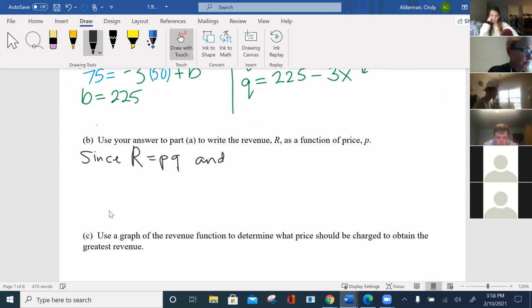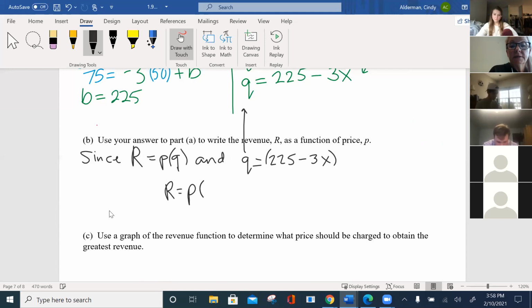And we also know that the quantity of people from up here has a formula, 225 minus 3x. So all we have to do to get a more thorough revenue function is substitute Q in for this Q. So we've got P times 225 minus 3x.